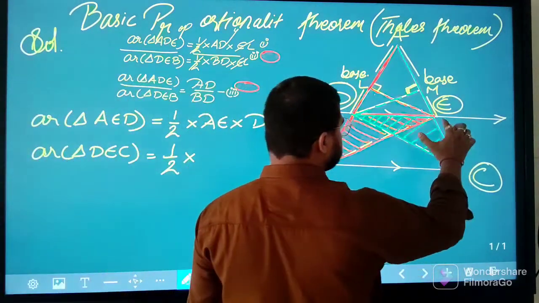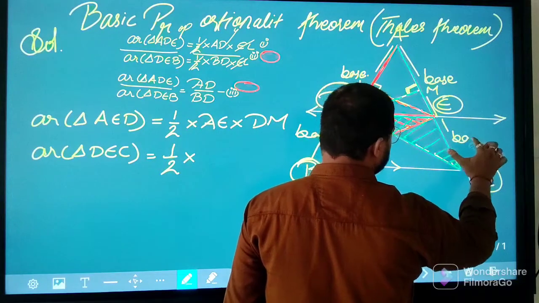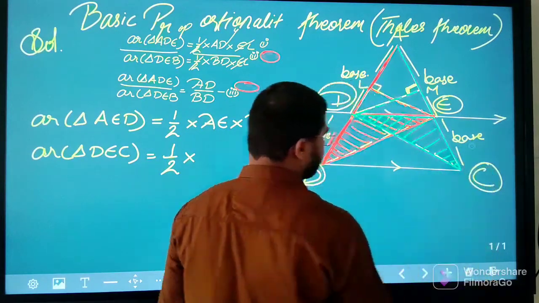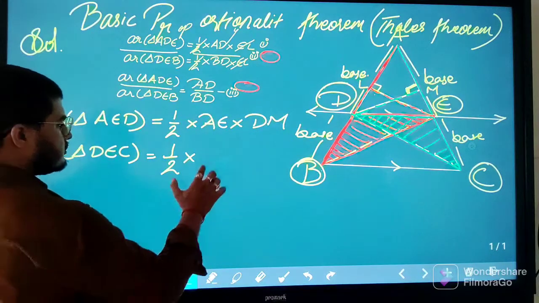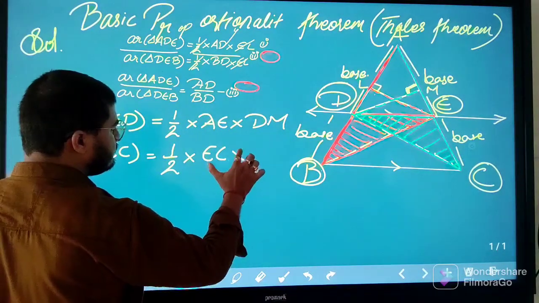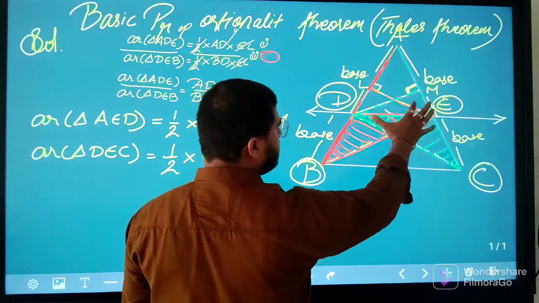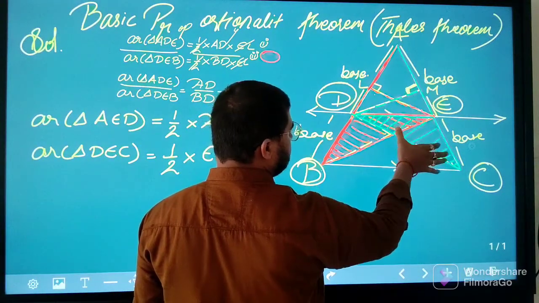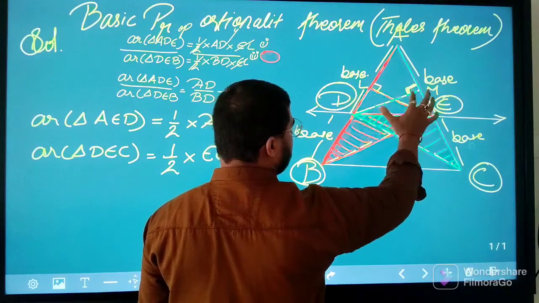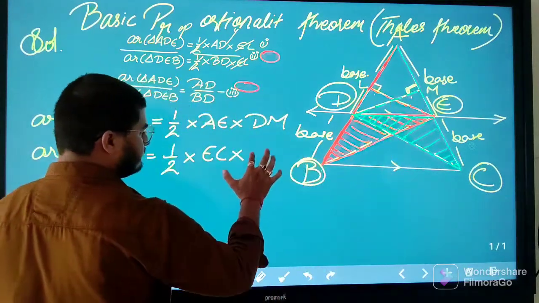Now base is this one. This one is going to act as base. So it is EC multiplied by height. Now again, the height of this triangle is outside the triangle, and the height is DM.